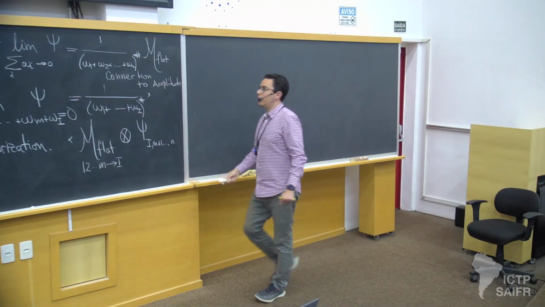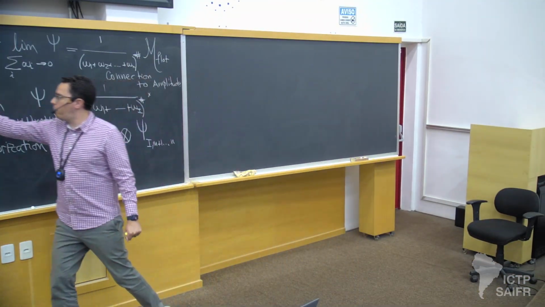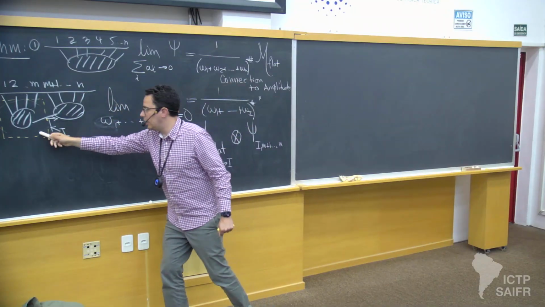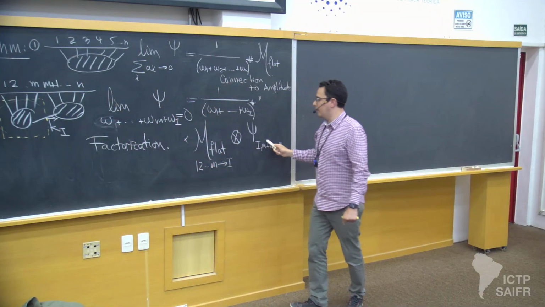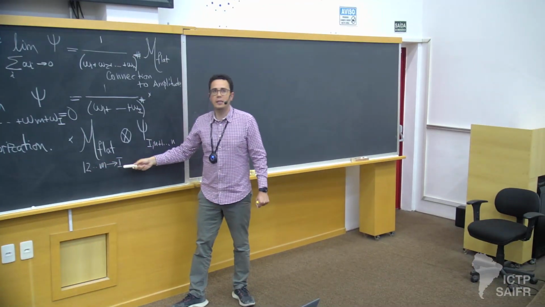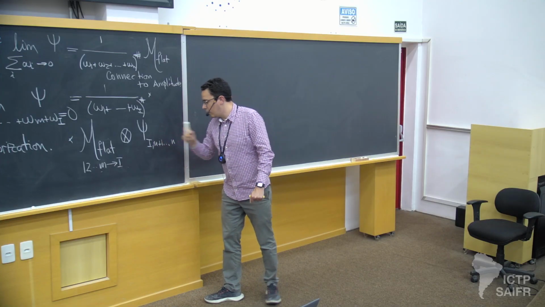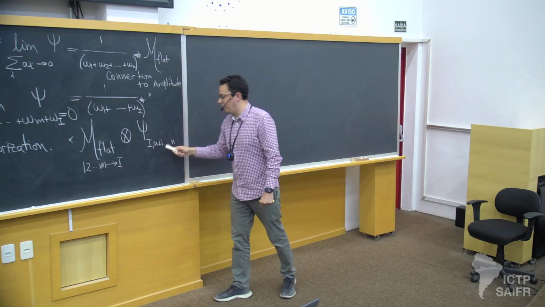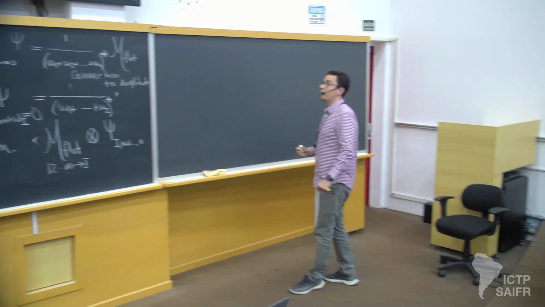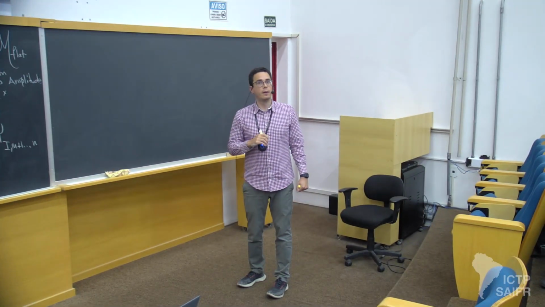So you can relate the n-point function by taking these limits to lower point data, right? So this is the flat space amplitude at m plus 1 point, and this is the wave function at n or whatever, the number, you can figure out the number of points, okay? Questions?